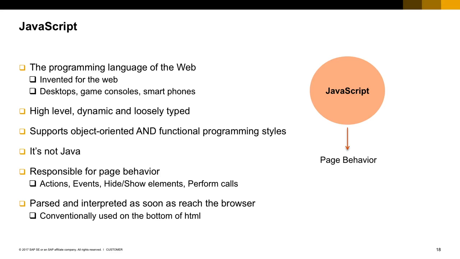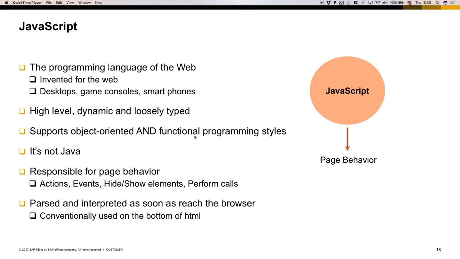That is important to avoid your HTML page being blocked from loading in scenarios where you have a very heavy JavaScript, for example, and you place that at the top of your HTML document. There's nothing that's going to be presented to the end user until the JavaScript has loaded 100%. So if you place that at the bottom, the user can see the HTML, the CSS, all the structure, and everything that is presented to him while the browser is loading the JavaScript at the bottom.